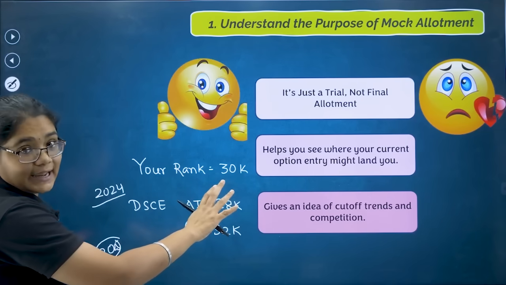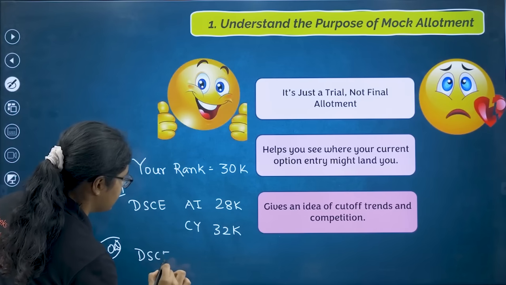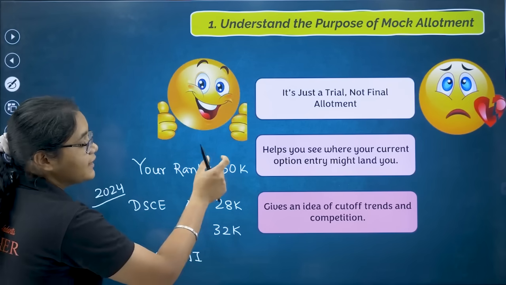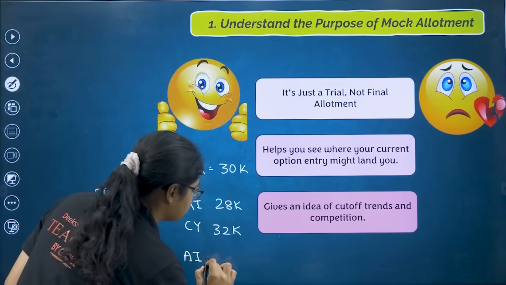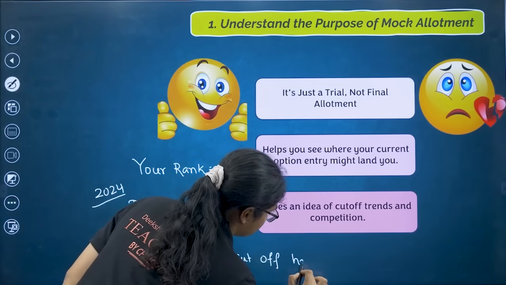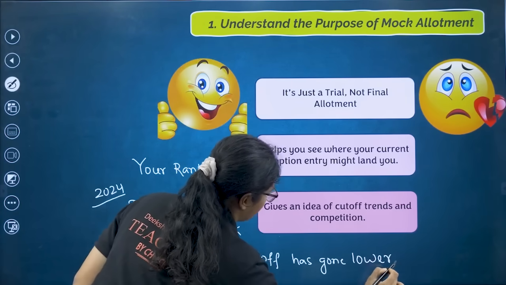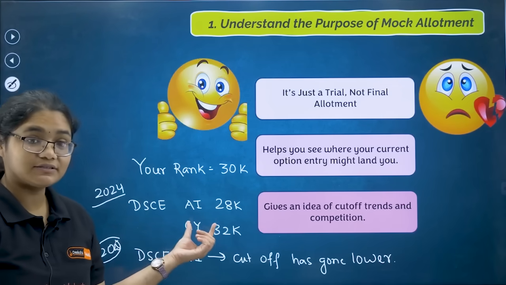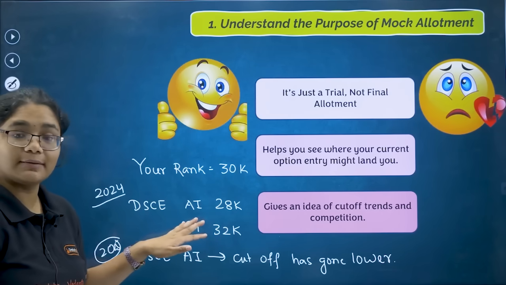Now suppose in 2025 your rank is 30K, but in the mock round you got DSCE AI, so you have got this college even though your rank is less than the cutoff. What does that predict? That tells us that the cutoff has gone lower. And for example, cyber security was 32K, but your rank is 30K and still you are not able to get this college.